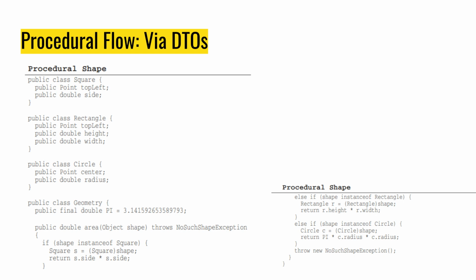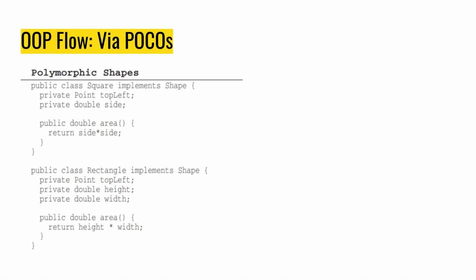This is procedural flow because we are not using what object-oriented flow would provide us. Rather, we're checking the type and we're doing a bunch of ifs. So step by step, we're checking what can be done and we do it. It's not pretty because we need to do those ifs, and ifs are not nice. How can we make it better? By using POCOs.